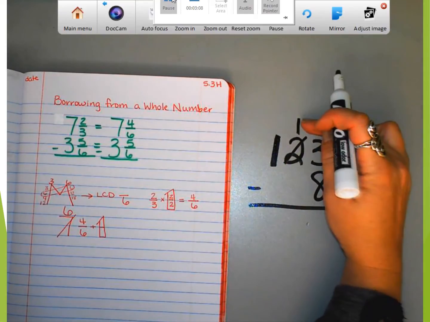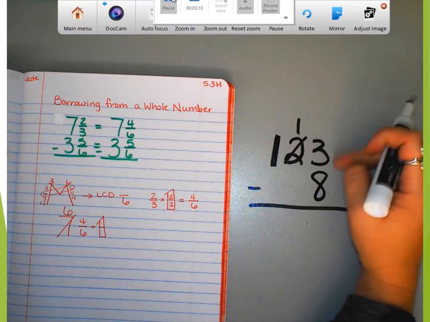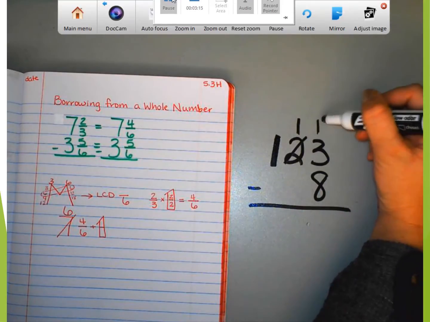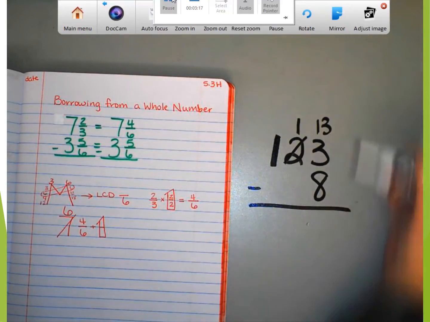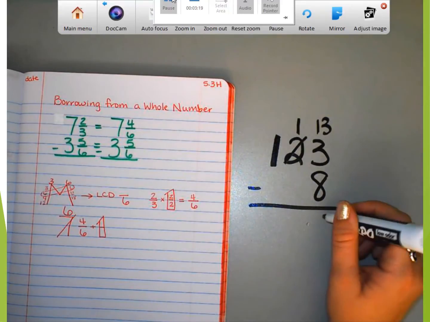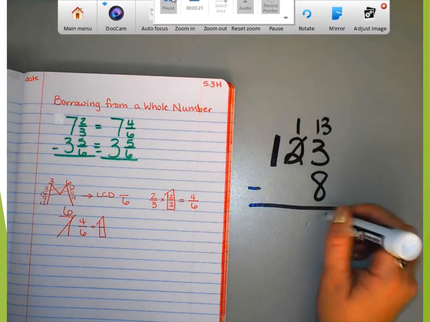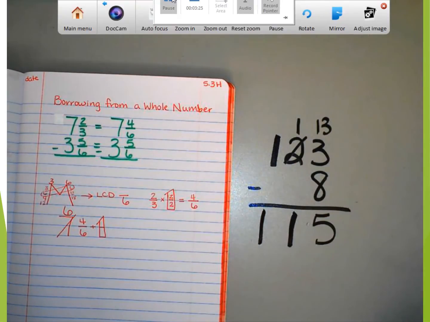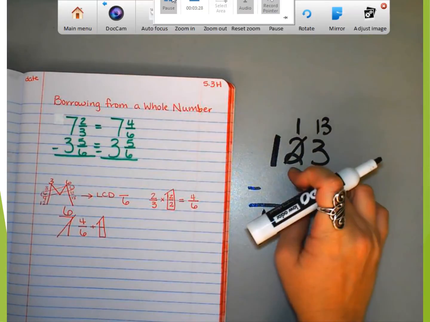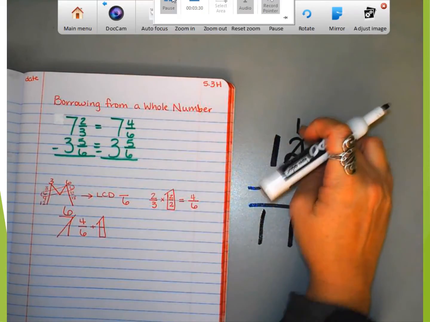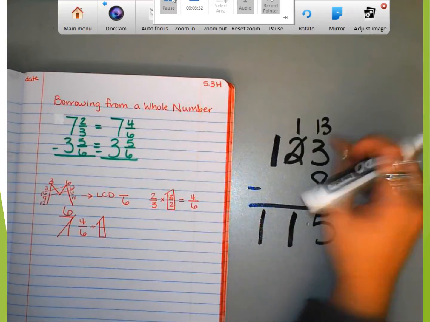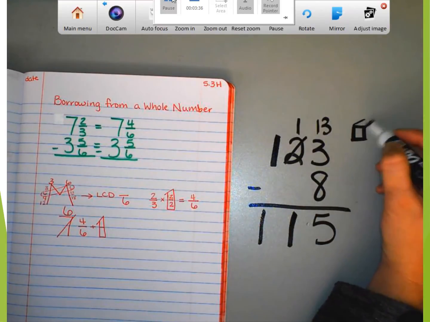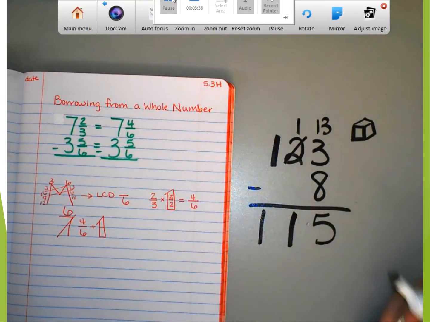You're taking that 10, you're breaking it into 10 equal pieces and adding it to the 3 ones that you already had, so that you had 13. Then you would say 13 minus 8 ones would leave you with 5, so there. Okay? So when you borrowed from here, you borrowed and broke it into the 10 rod. But now we're taking that one little unit cube and we're deciding how many pieces we need to break it into.